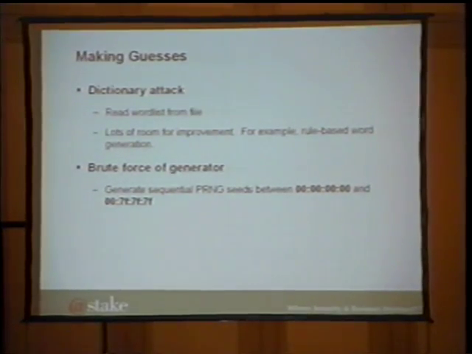In the next section, making guesses. How do we make the guesses that are used to guess the key? Well, there's 2 different modes to this program. There's the dictionary attack mode and there's the brute force mode. In the dictionary attack mode, we read a bunch of words from a file. It's kept really simple. Again, there's a lot of room for improvements here.